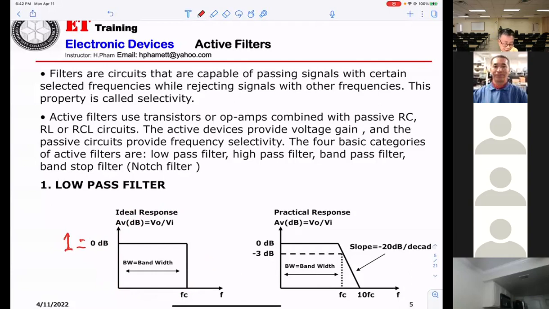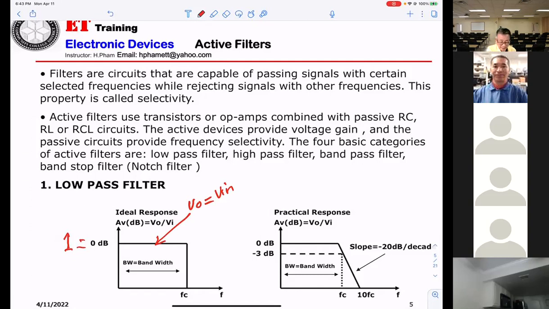The thing is, when you take 20 log of 1, you get 0. Number 1 means that at this point, Vout equals Vin. Gain equals what?